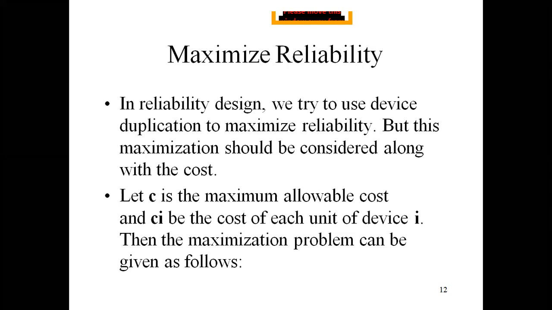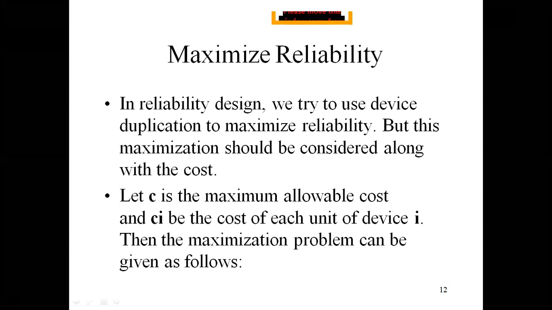That is C. Suppose I have only 1,000 rupees. Only within that, I want to design a system, with different stages and devices in each stage. So C is the maximum allowable cost.